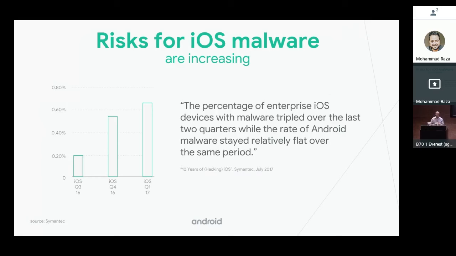In some cases, there are more vulnerabilities and malware on iOS versus Android, just because it's a big target, and hackers are going after iOS as well. So that's one thing that we like to point out to customers, that Android is actually as secure, if not more secure in a lot of ways, than iOS at this point.